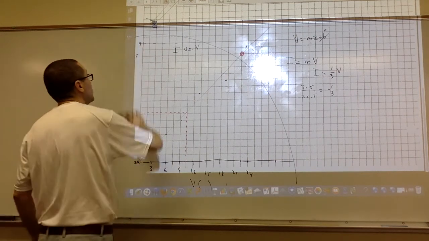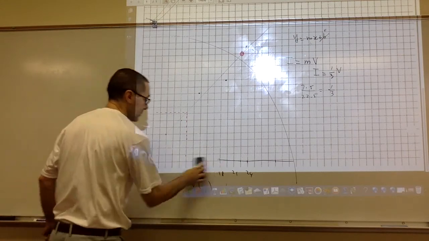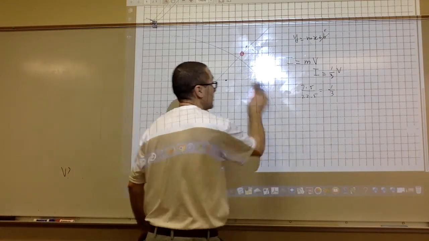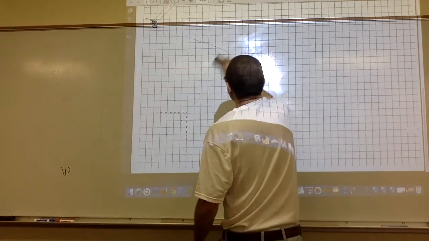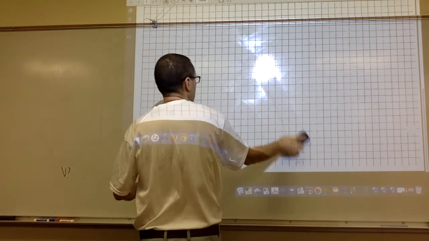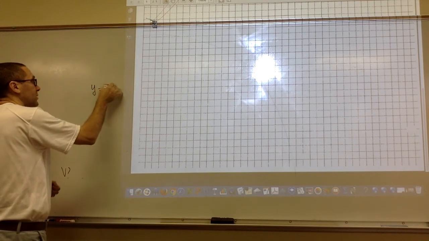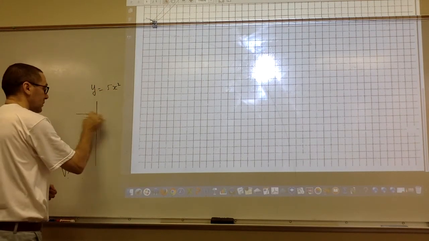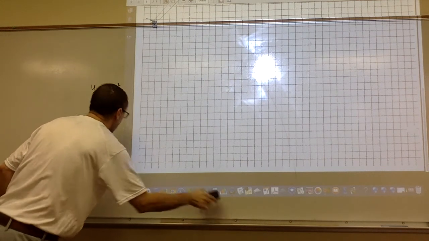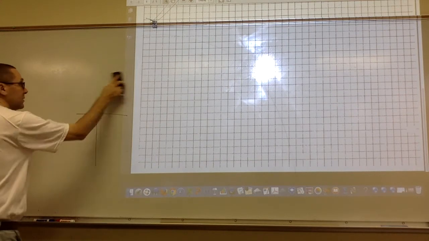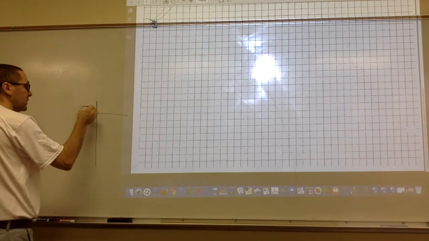So I'm going to try to do one where it's not linear. All right. So let's say we have to graph the equation y equals 5x squared. Or better yet, let's just say we have data. We have x here, we have y here.